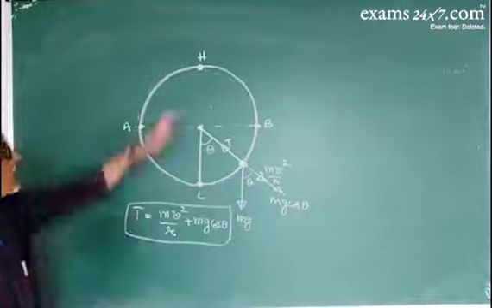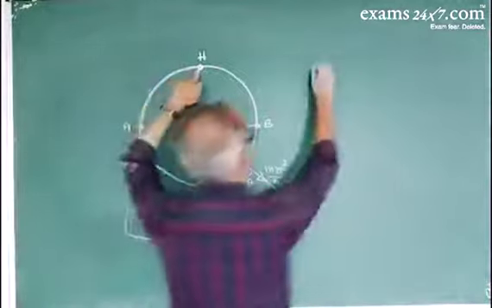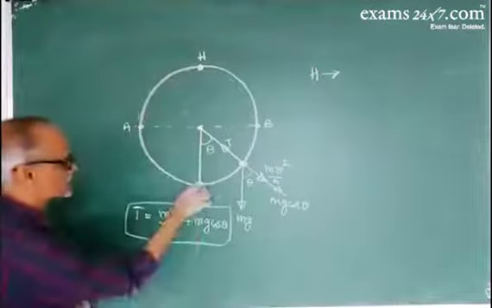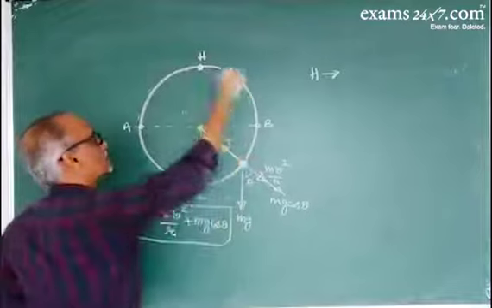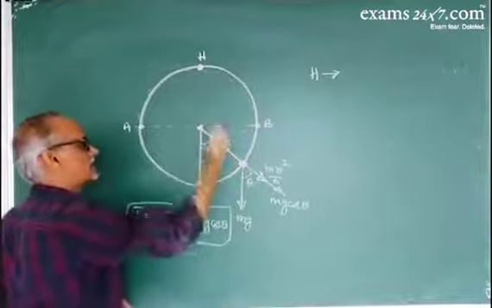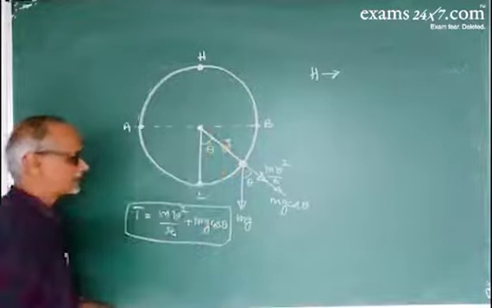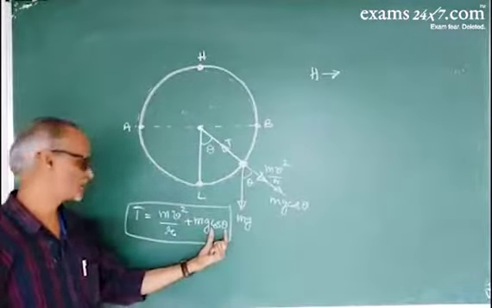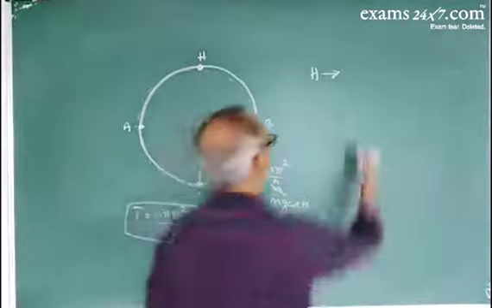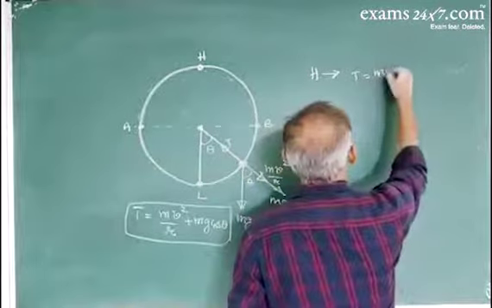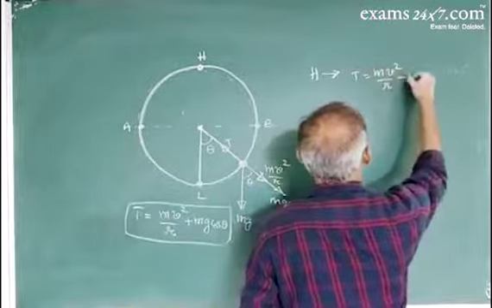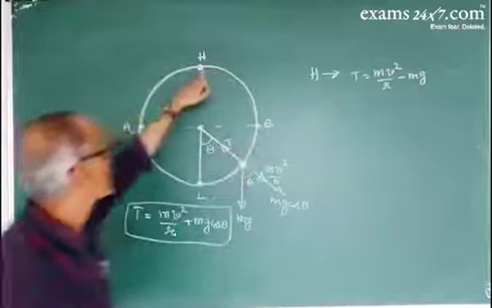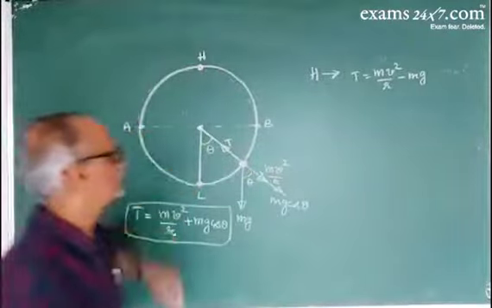So at the highest point, that is at H, when this stone goes up like this, what is theta? Theta is 180. Cos 180 is minus 1. So you'll get T = mv²/r − mg. That's at the maximum height. At the lowest point, theta is 0.